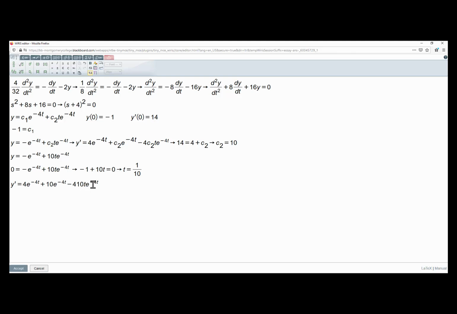Now we need y prime to be 0, right, at t equals 0. So what we will have is, no, not at t equals 0, I apologize. We have to determine that value of t.